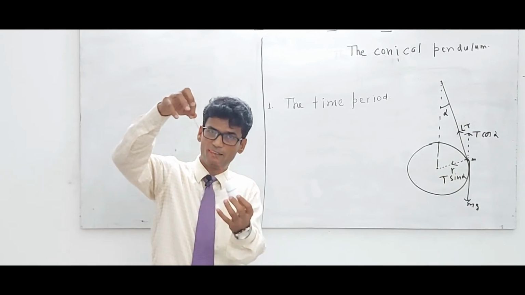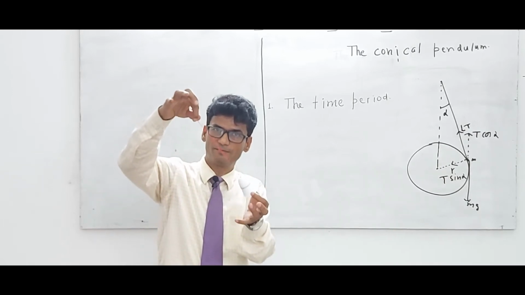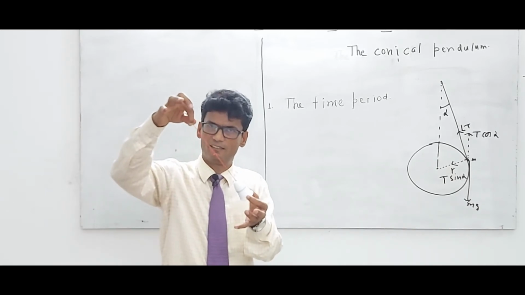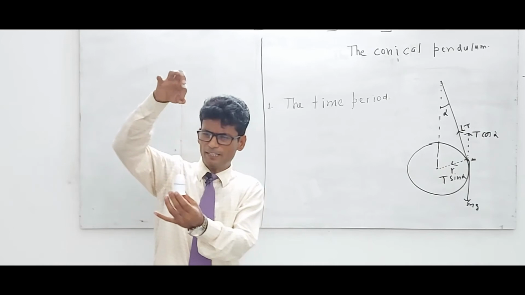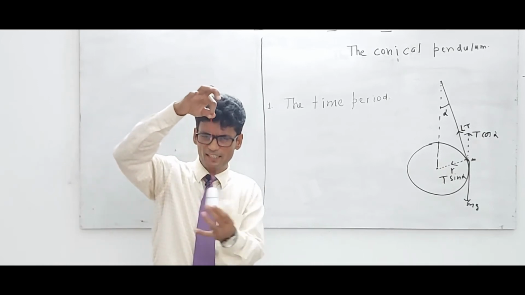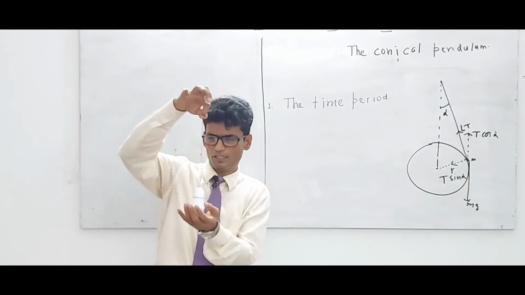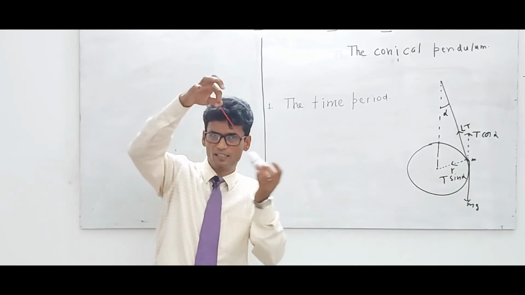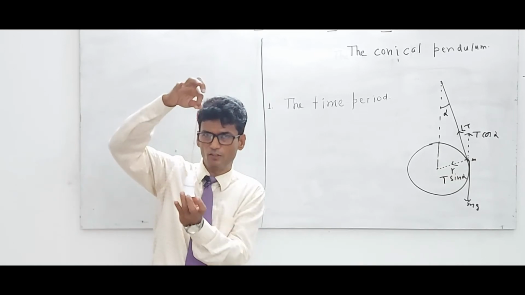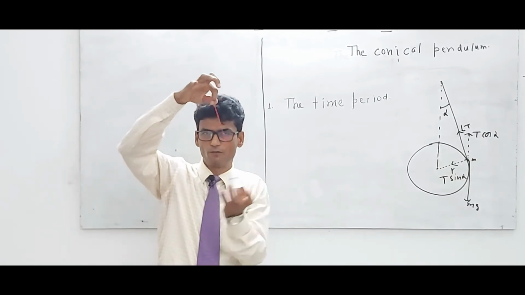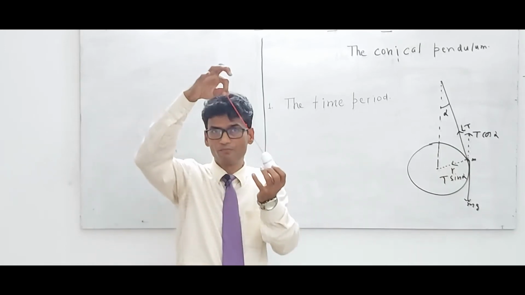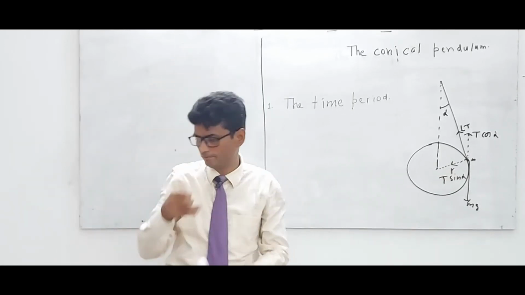So till we keep the angular velocity constant, there is an angular acceleration. And look at here, at the same time the radius increases and the height also increases. Suppose this is the reference level. So if it rotates in this horizontal circle, the height of this bob from the reference level also increases. So the bob is also going up. So who is pulling it up? Look at here.